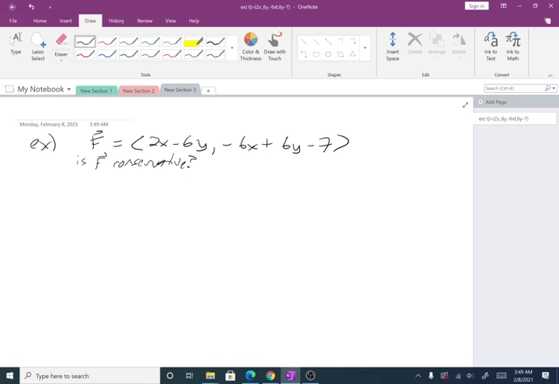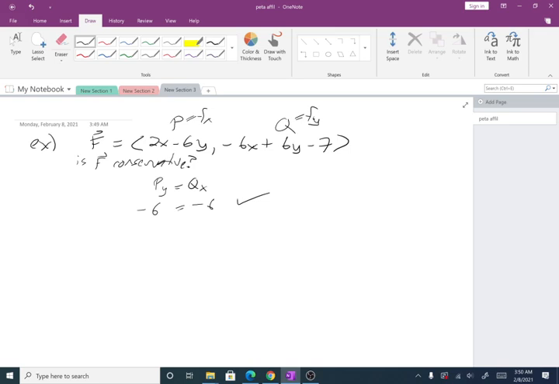Well, to do this, of course, we label this P, we label this Q, and we do our usual test. If P were Fx and if Q were Fy, then Py would equal Qx. Okay, so let's do the computation. The first term is 0, so we just get -6. And for the second term, we just get -6. So that works.